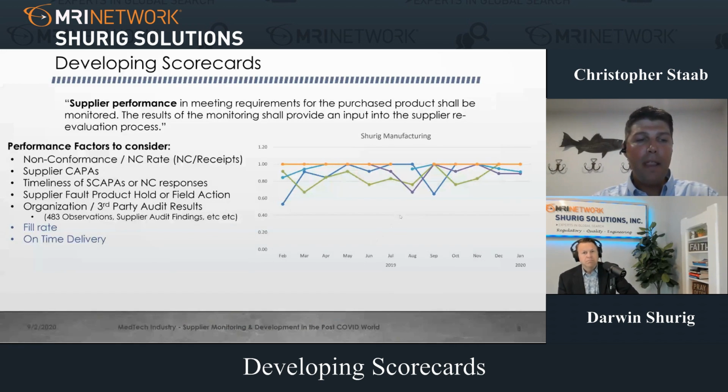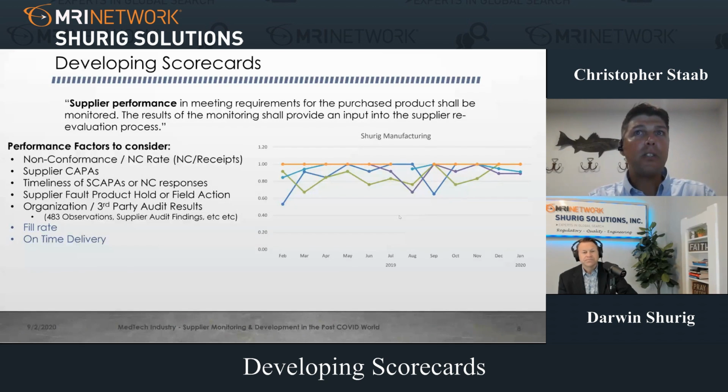We'll get into that as we get into evaluations, but use your scorecard. If a supplier is perfect every single month, why are you going to go out just to check a box to make sure they're doing what they say they're going to do? You can tell that they're doing it because you're getting good parts.